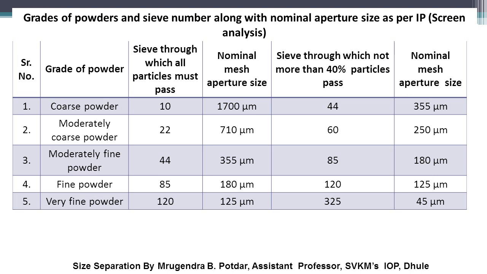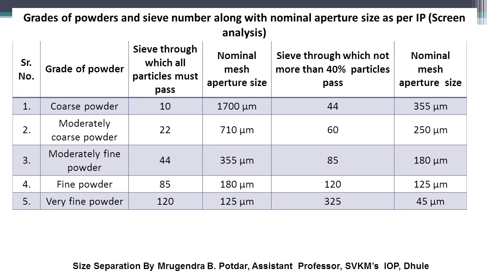As I said, for coarse powder, all particles will pass through sieve number 10 and be retained on 44, but again the sieve through which not more than 40% of particles will pass is 44. So 10 to 44 is coarse powder, 22 to 60 moderately coarse powder, 44 to 85 moderately fine powder, 85 to 120 fine powder, and 120 to 325 very fine powder.